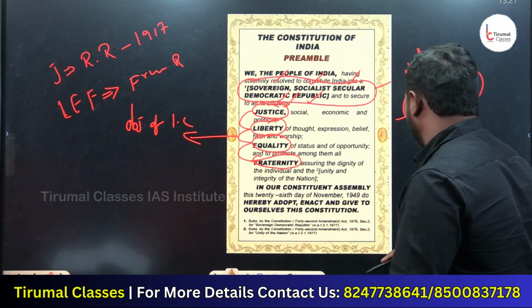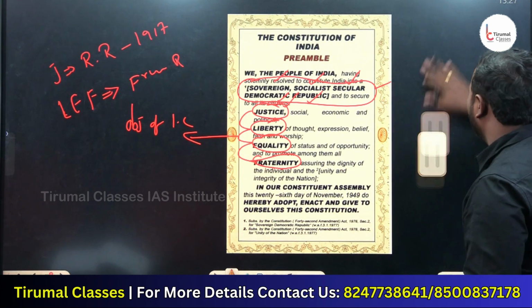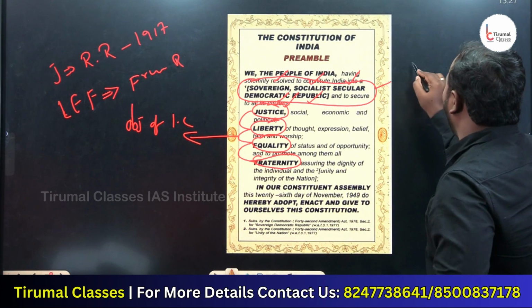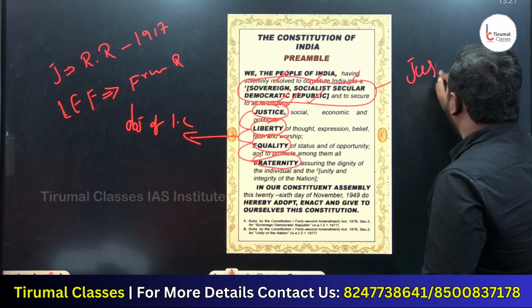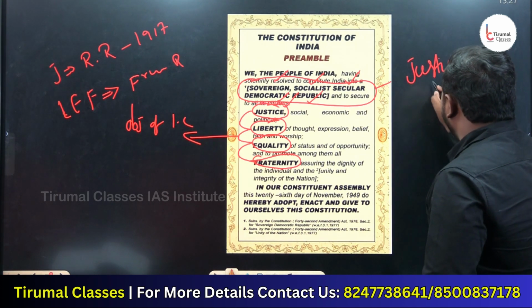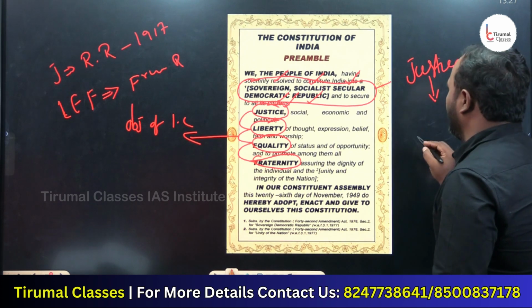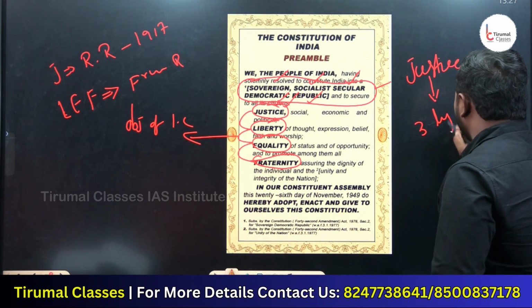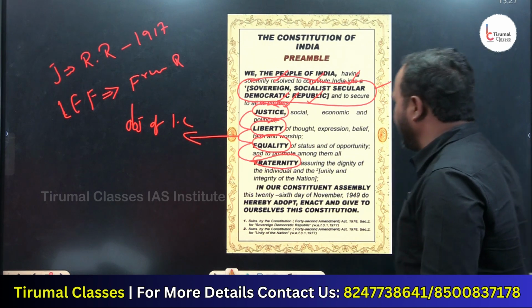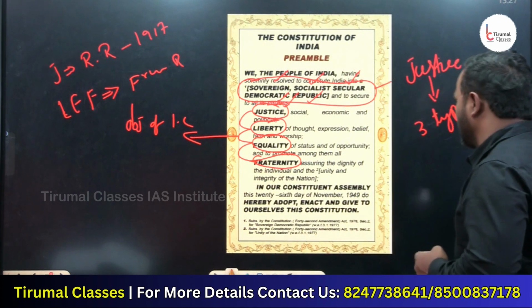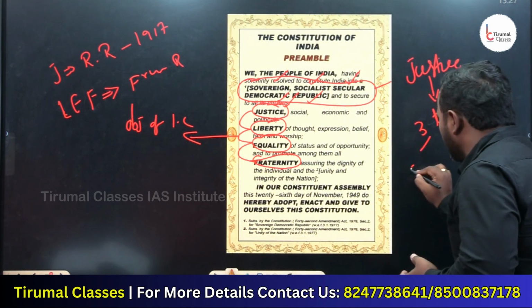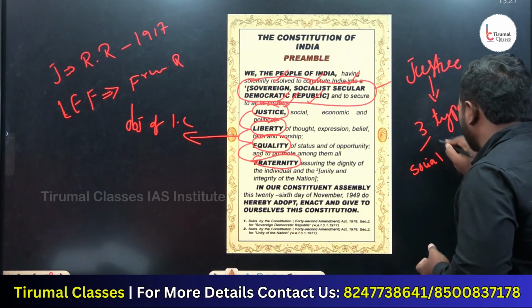When I say justice, every citizen of India needs justice. But what do you mean by justice? How many types of justice are required? The Indian Constitution provides basically three types of justice to every citizen. What are the three types? First one is social justice.